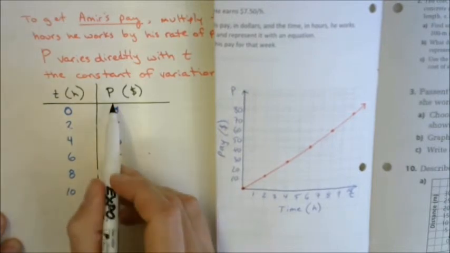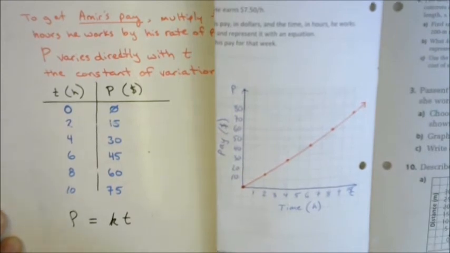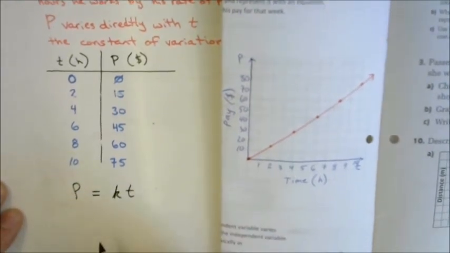In this case, our dependent variable is pay. P equals K times T. And we know what K is. What's the value of K? 7.5. So this would be our equation: P equals 7.5T.